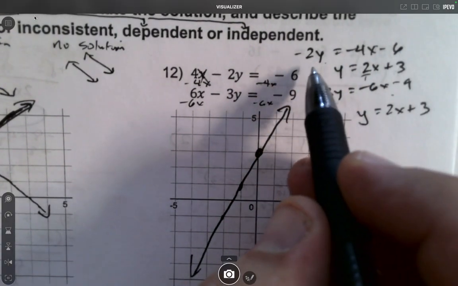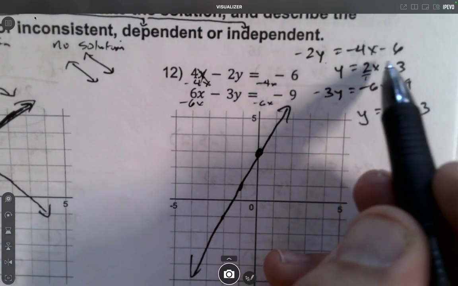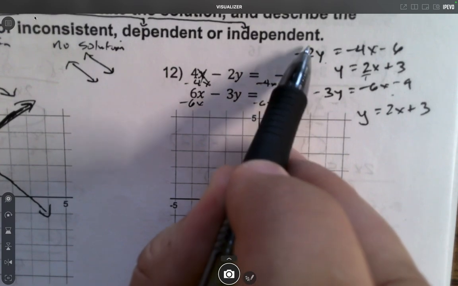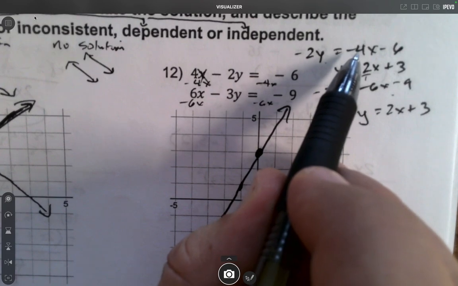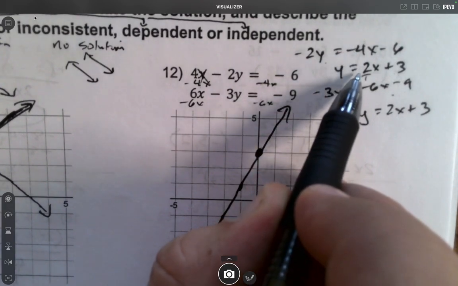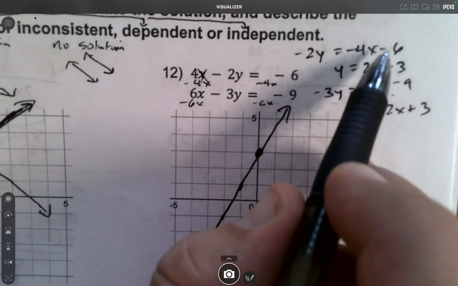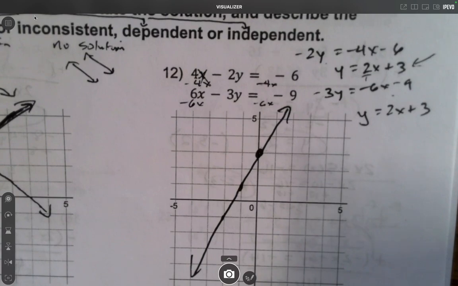Now y is being multiplied by negative 2, so we have to do the opposite and divide everything by negative 2. So when I divide this by negative 2, it just cancels out the negative 2, leaving y. Negative 4 divided by negative 2 is positive 2. Negative 6 divided by negative 2 is positive 3. So this is our first equation right here.